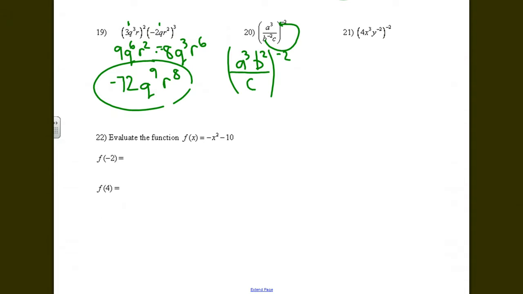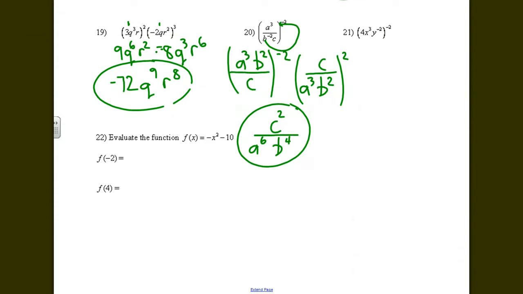So I'm going to take the reciprocal and I'll rewrite this c over a cubed b squared, and then that will now be to the positive 2nd power. And then just square everything in there. So I'd have c squared over a to the 6th, b to the 4th. Can't reduce anything, so that's all we can do there.